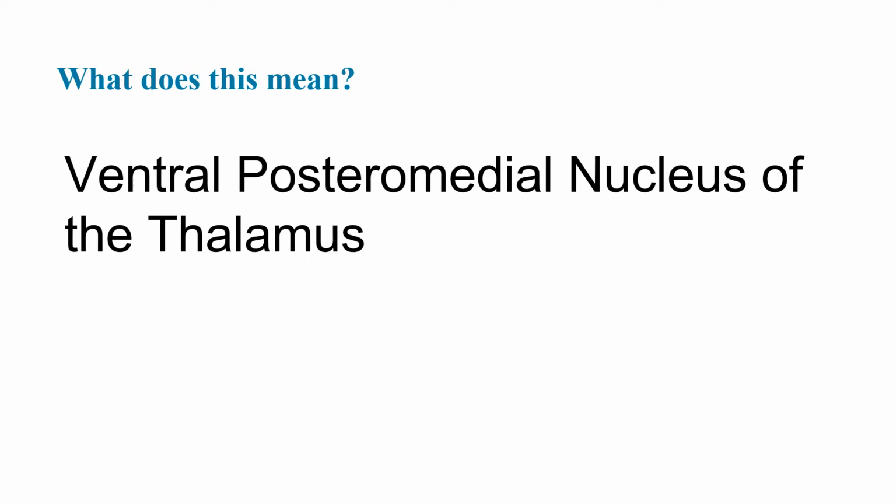It's basically talking about locations. Instead of using up, down, left, right, northwest, east, south, we use other terms when we're defining the brain, such as the term ventral. Let's get to those.